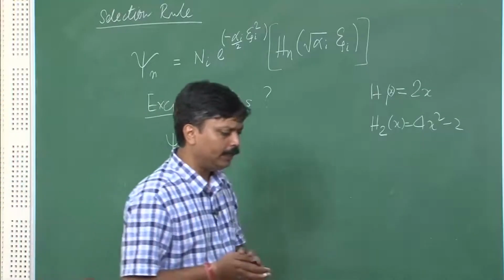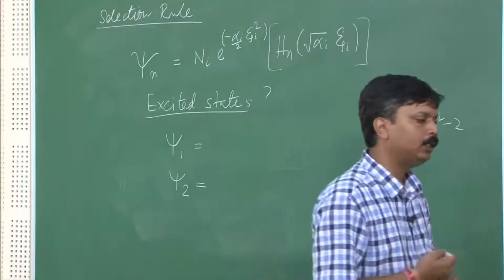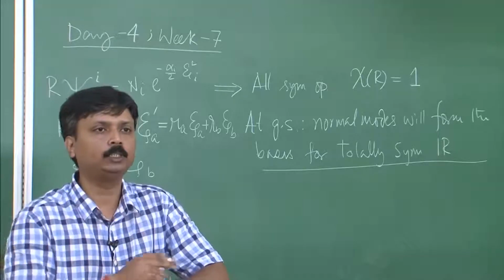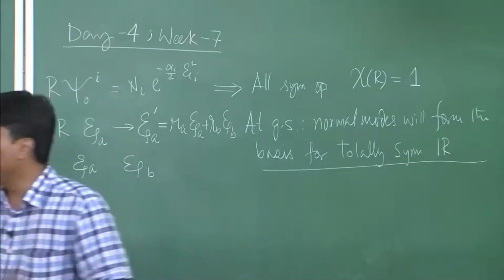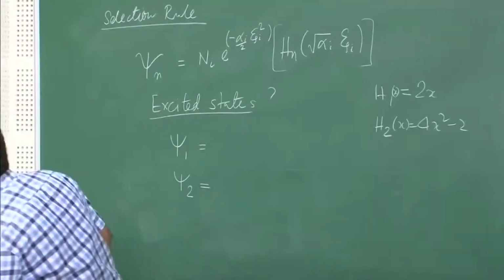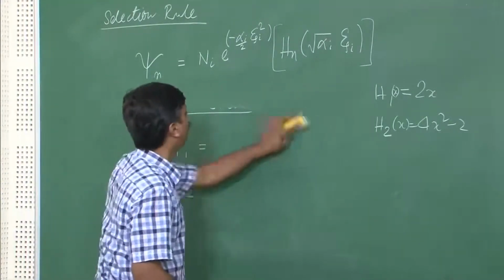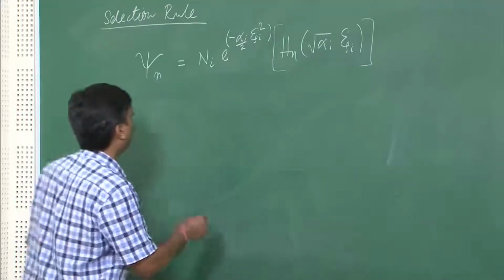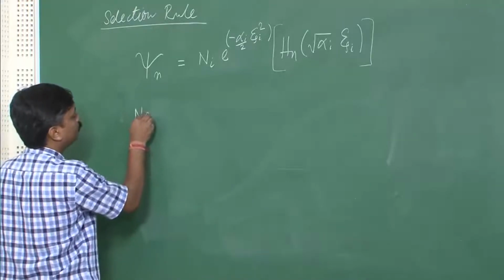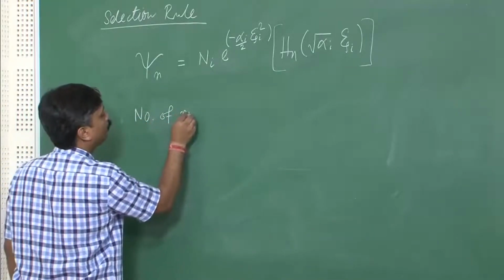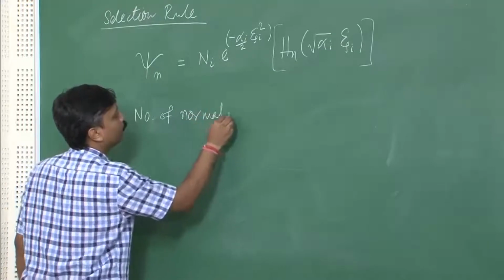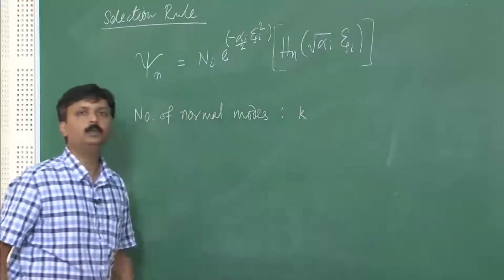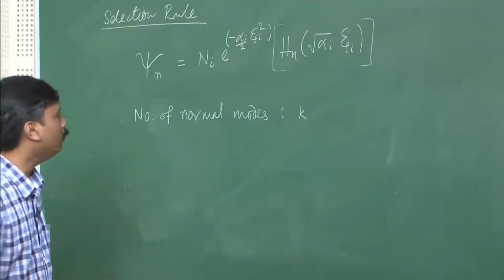Now, in case of vibrational transitions, what are the different kinds of transitions, from which state to which state can we write? Suppose I have a molecule which has a total of k number of normal modes, associated with k different normal coordinates.